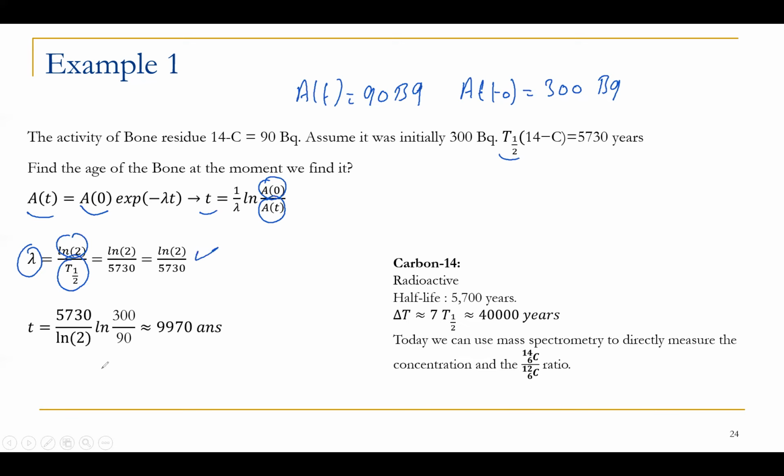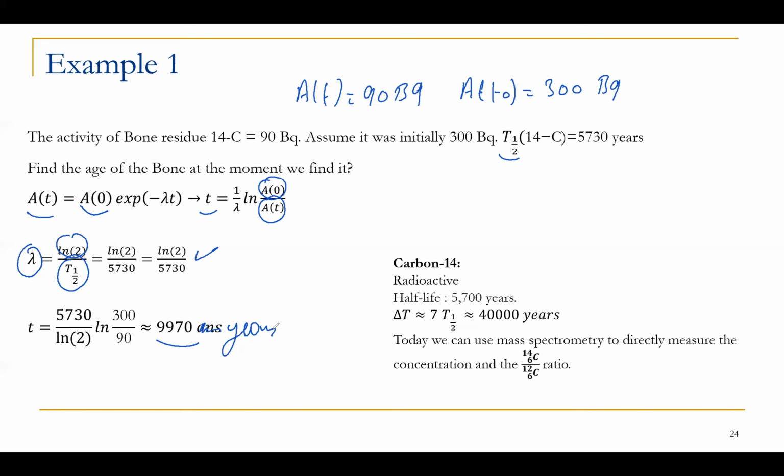We have these values, so we calculate t, which equals 9,970 years. Okay, so the age of this bone is about 9,970 years. So we used the carbon 14 to calculate this age.